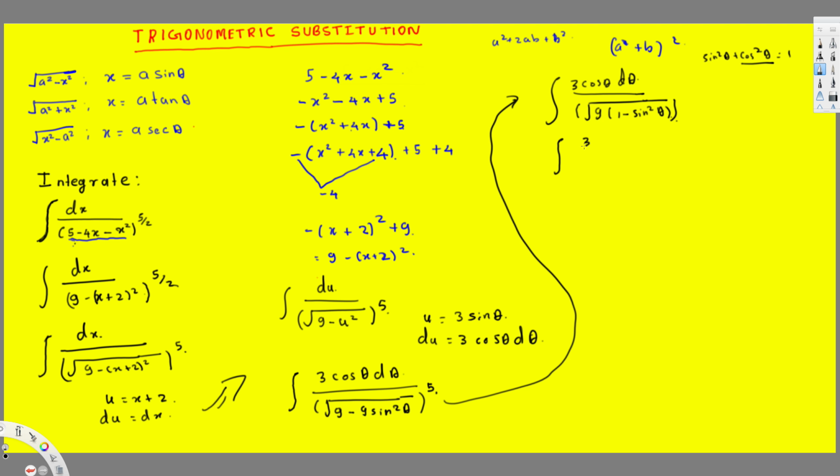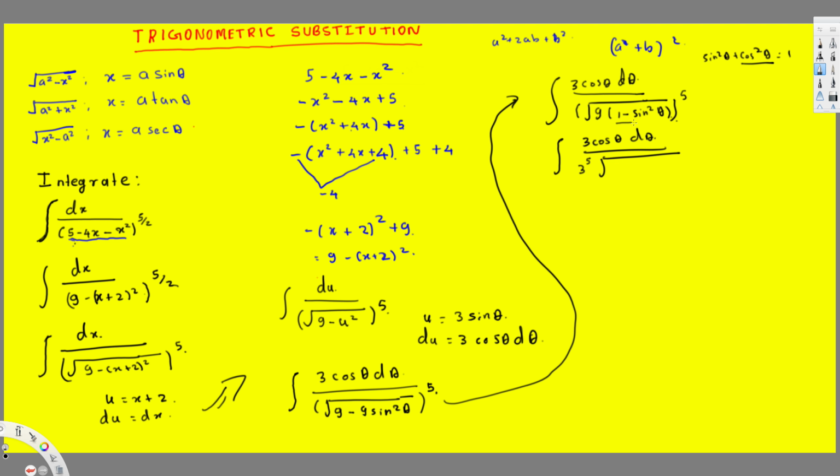So 3 cos theta d theta, I can already take this 9 outside, so this is going to be 3, but we also have power right here, so we have to remember that one. So this is going to be 3 power 5 if I take this one outside. Then in the square root, we are going to have cos square theta.